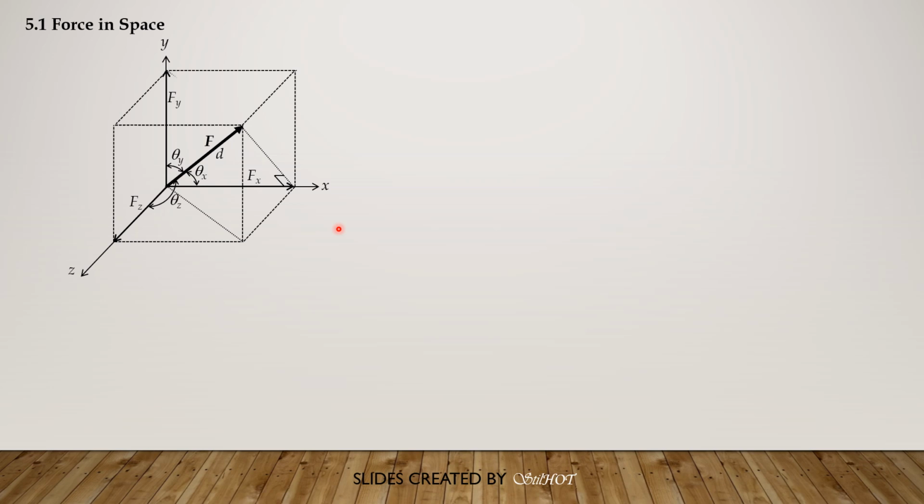From the figure, Fy also makes an angle of 90 degrees with this diagonal on the top, between the diagonal and the y-axis. And we conclude that Fz and F, their tips are connected with an imaginary line which is perpendicular to Fz, so it's 90 degrees between this diagonal tip to tip and the z-axis.